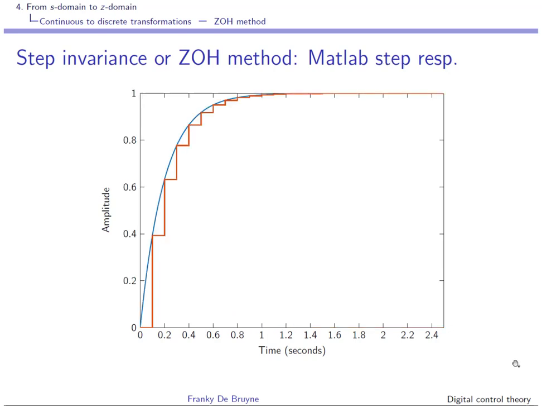So here we have the step response in continuous time in blue, and we have the discrete time step response of the discrete time equivalent using the step invariance or ZOH method. These two methods are the same, and as you can see, at the sampling instance, these step responses coincide. This is normal because we have imposed that these step responses must coincide.